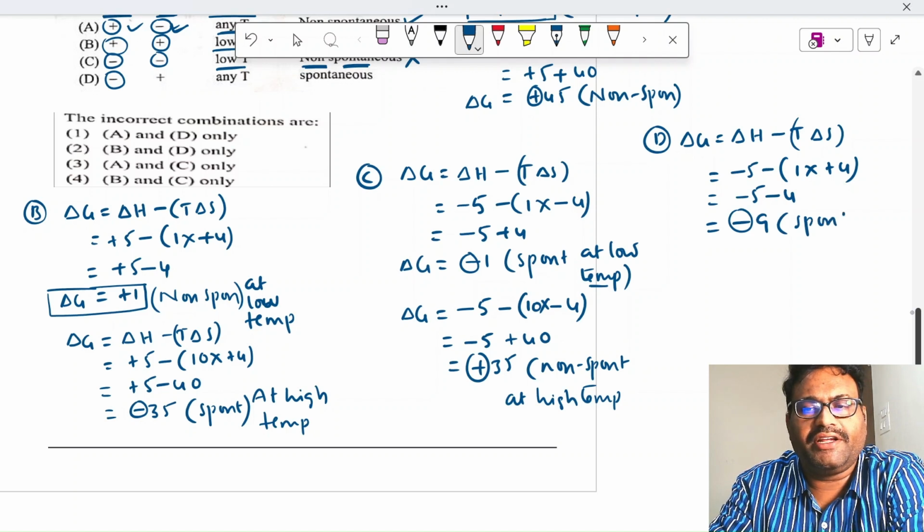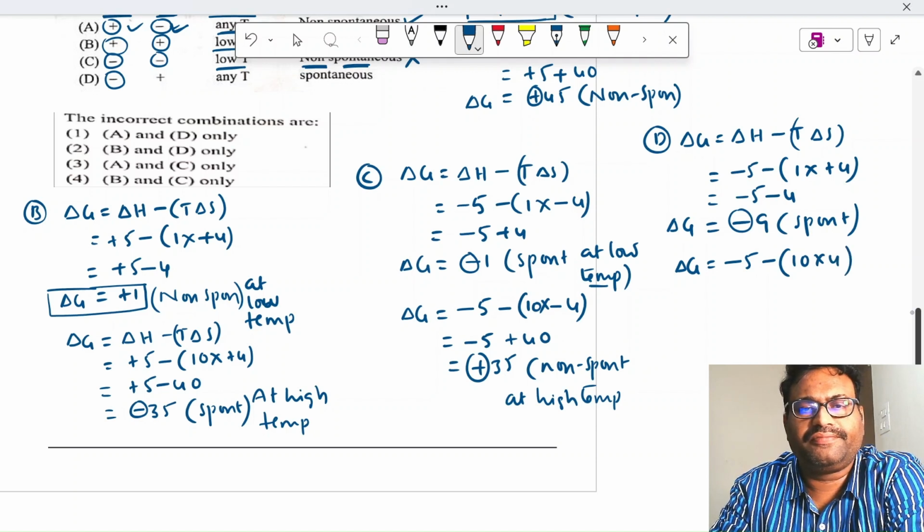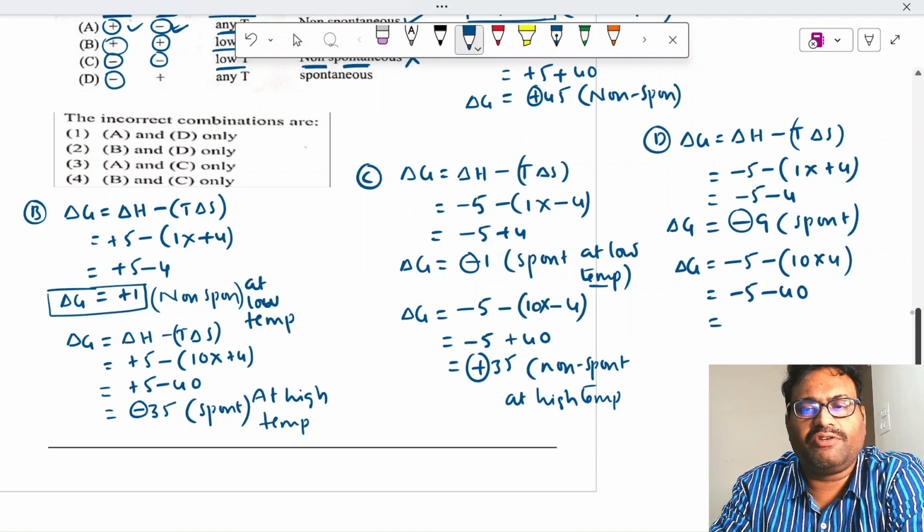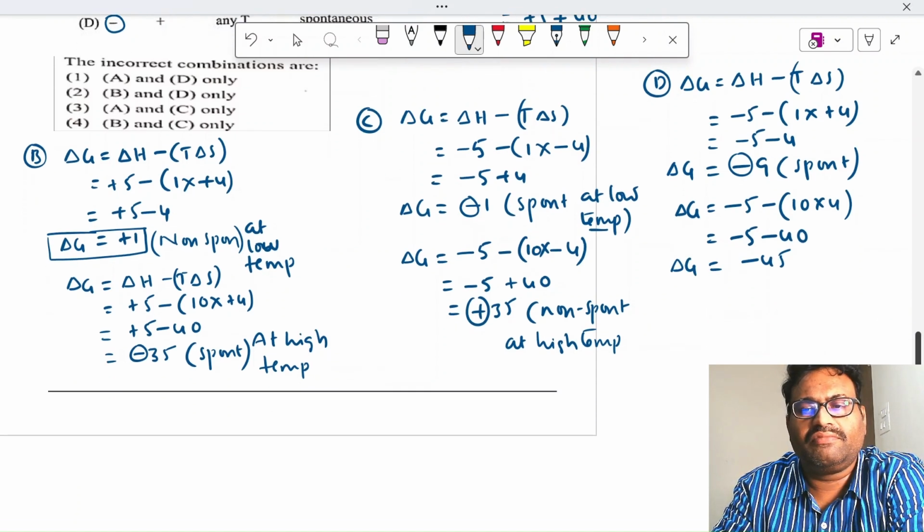So spontaneous. Let me increase the temperature. If I increase the temperature, minus 5 minus 10 into 4, that is equal to minus 5 minus 40, that is equal to minus 45. Again minus, that means spontaneous. So spontaneous at all temperatures.